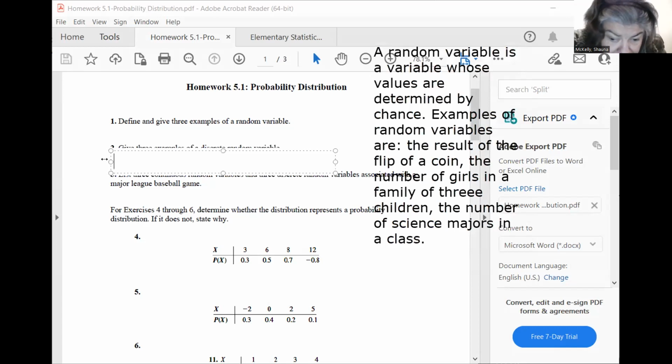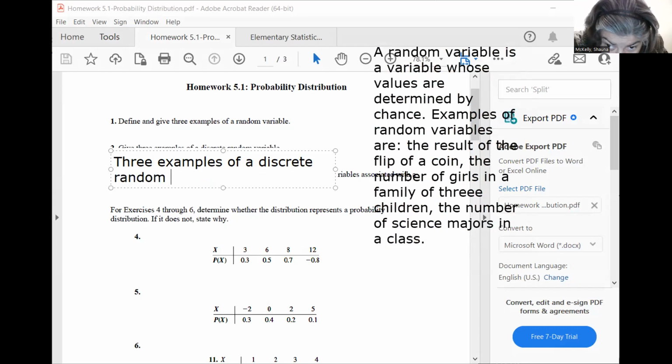Well, if it's discrete, remember, it can be counted. So I can say 3 examples of a discrete random variable are. And I mentioned these before.